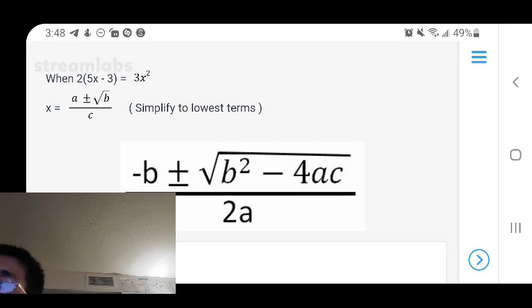x is negative b plus or minus square root of b squared minus 4ac over 2a. Let me plug it in and see if it works.